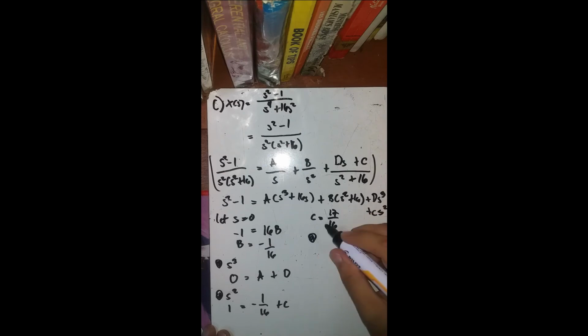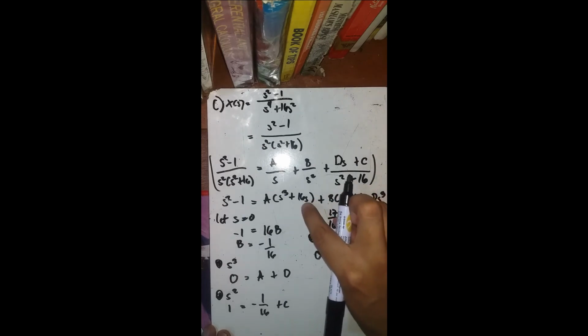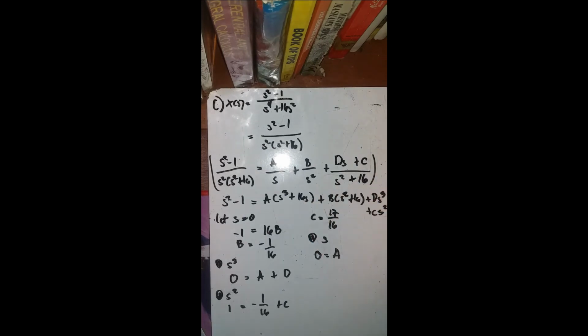Now at s, 0. Here we have your a, so there's none, meaning your a is 0, and this one is also 0, meaning your d is also equal to 0. To simplify, your a is 0, your b is negative 1 over 16, your c is 17 over 16, and your d is 0.